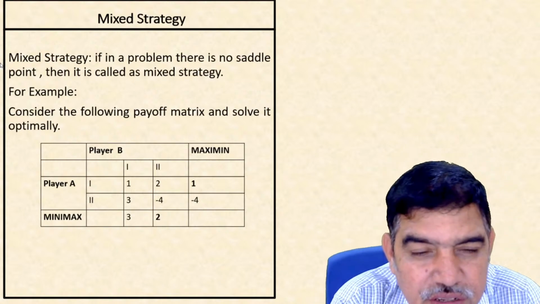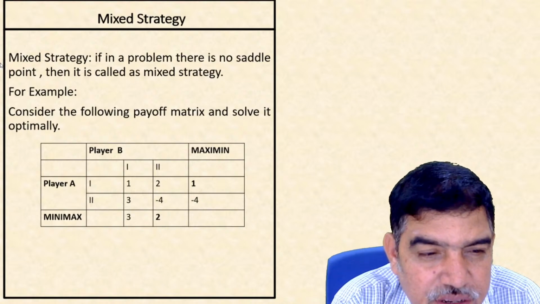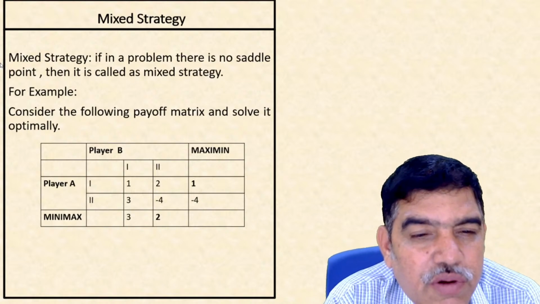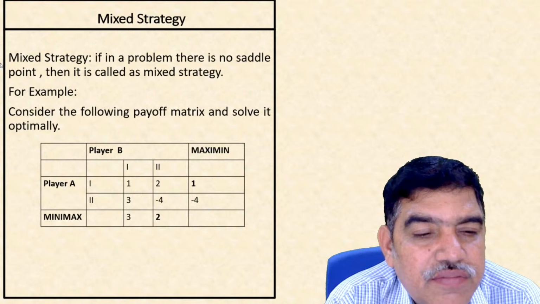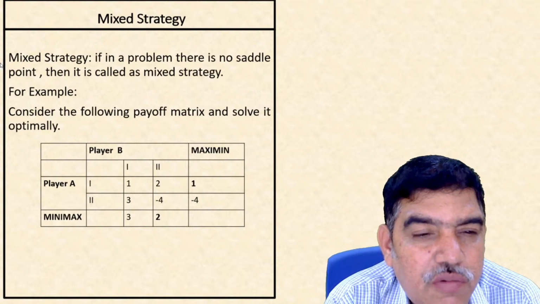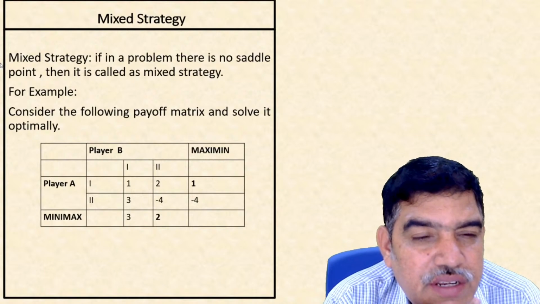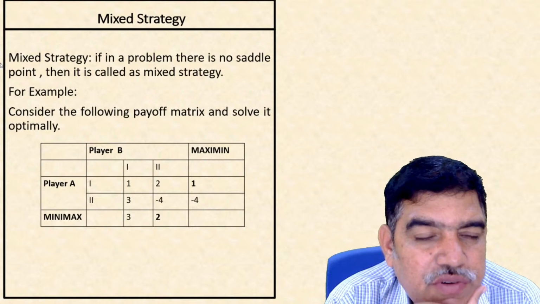Maximin is represented row wise and column wise, and minimax row wise and column wise. The matrix is 1, 2, 3, minus 4.